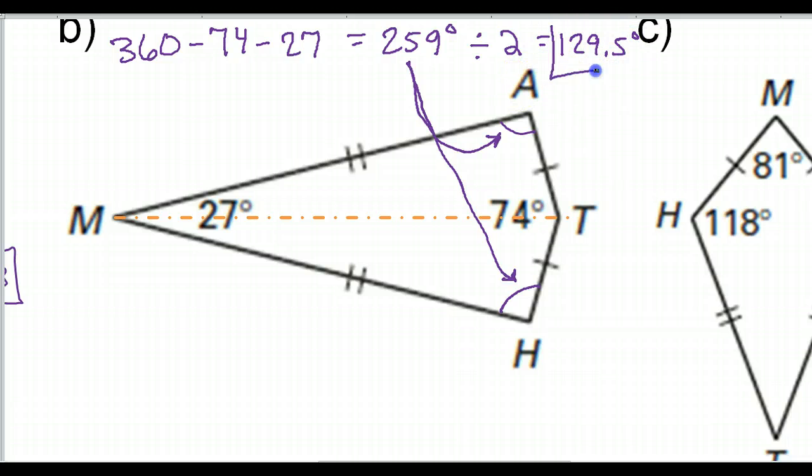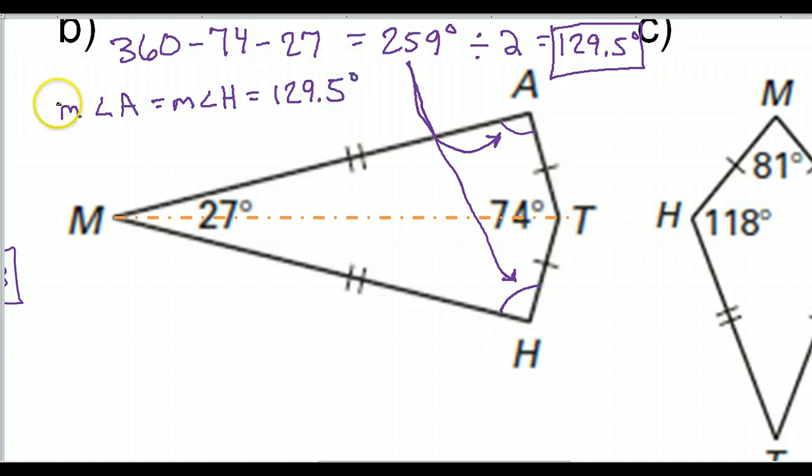So that's the key right here, 129.5. In other words, the measure of angle A equals the measure of angle H, which equals 129.5 degrees. So this would be our answer to B.